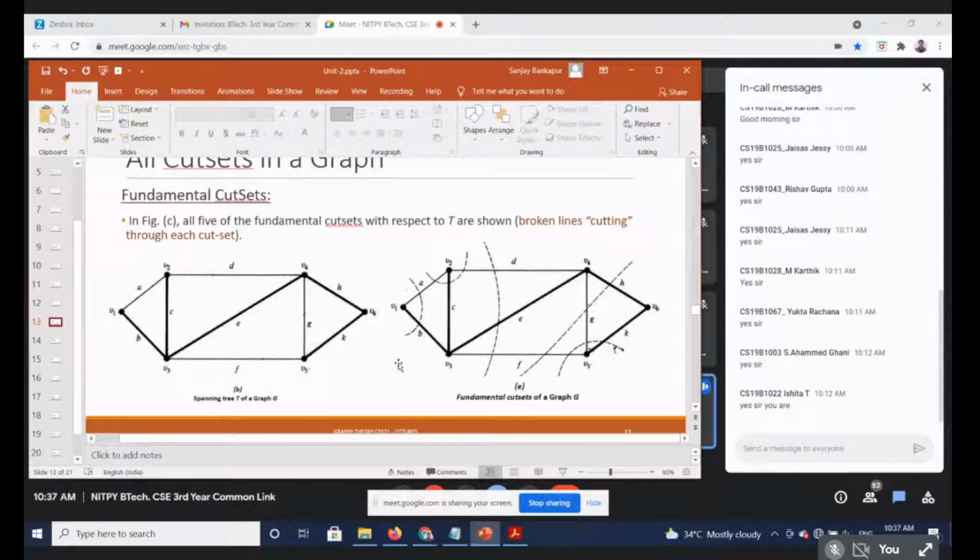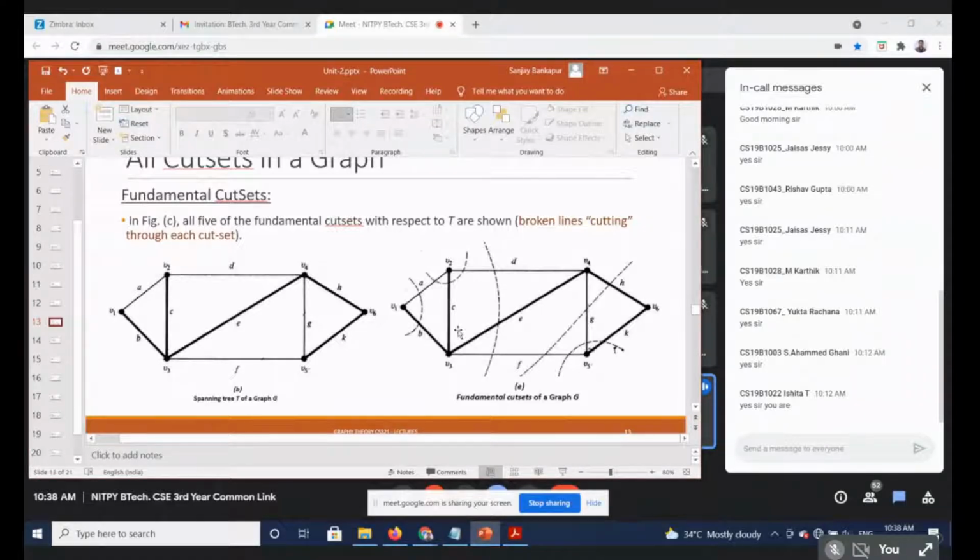Try to understand the point. A cut set is a minimal edge set whose removal makes this vertex an isolated vertex, disconnecting the given graph into 2. Yes, I have to remove these 4 edges. No proper subset will isolate V3 from that graph.